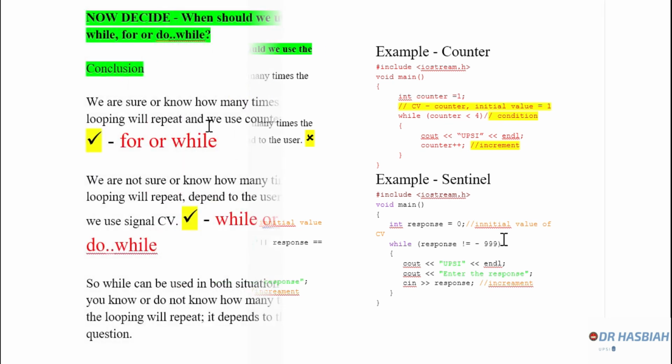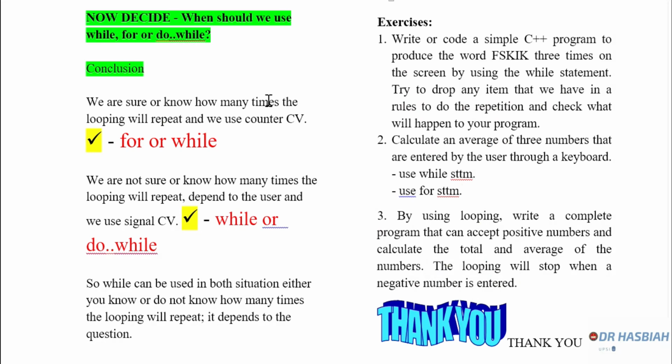Now you have seen the while statement, for statement, and do while statement. So let's say you have a problem. When you read the problem, when should you use the while statement, the do while, or the for statement? You have to decide.